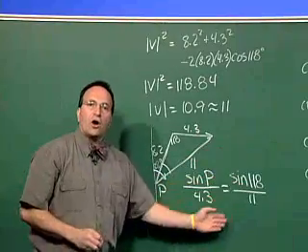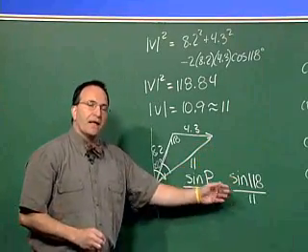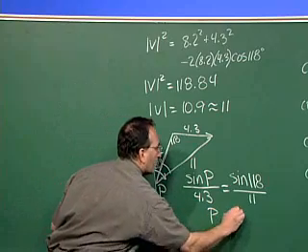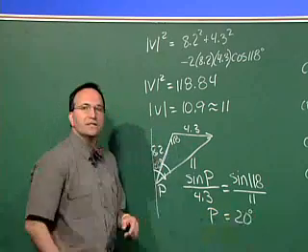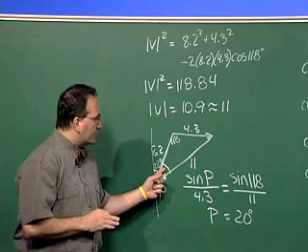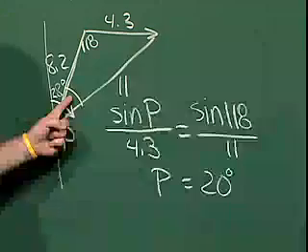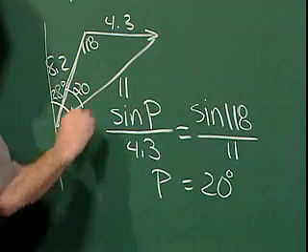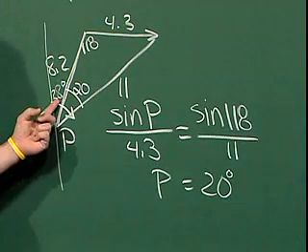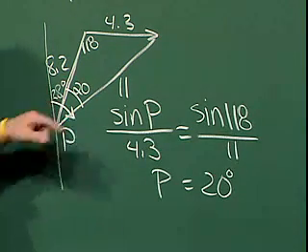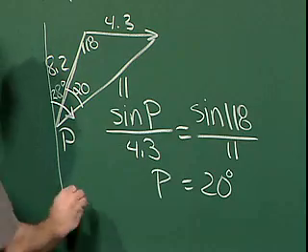When you work out all of that math, you will find that that angle P is equal to 20 degrees. But remember I said that that's just the angle inside of the triangle. We must add that angle of 20 to the angle of 28, which would then give us a bearing of 48 degrees.